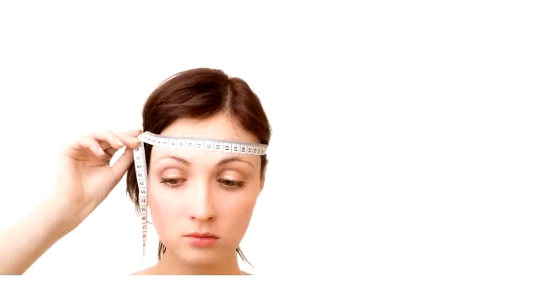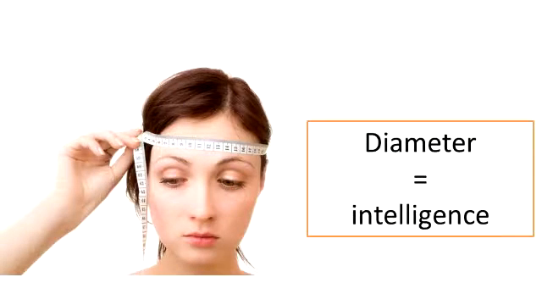In educational assessment, it works like this. Think about this problem. Say I devised an assessment in which I measured the circumference of your head and I correlated that with your intelligence. And I found that smaller heads, smaller intelligence. Bigger heads, bigger intelligence. Would that test be reliable?